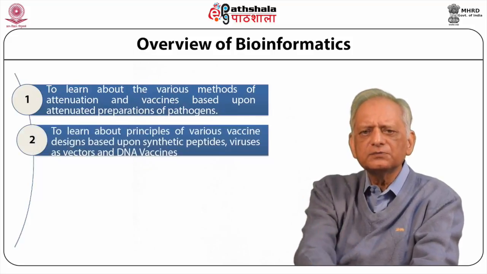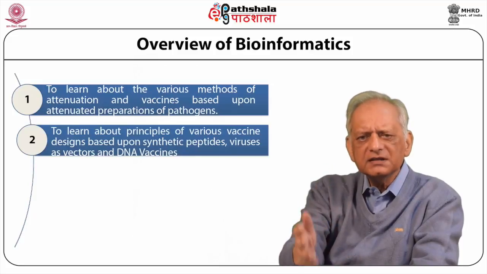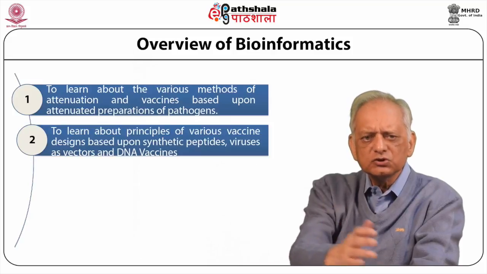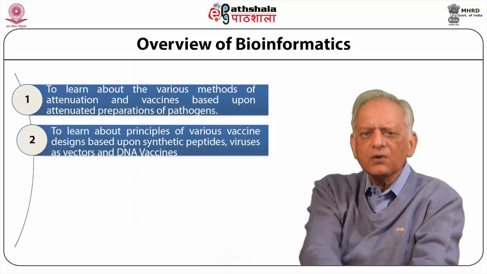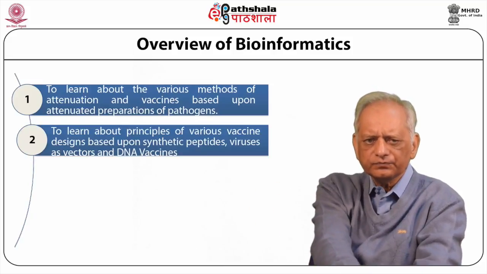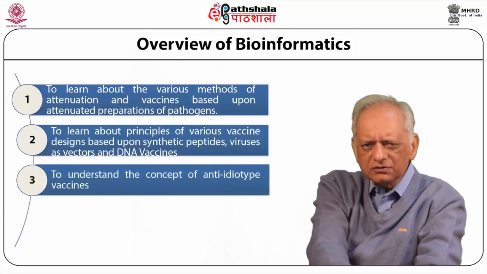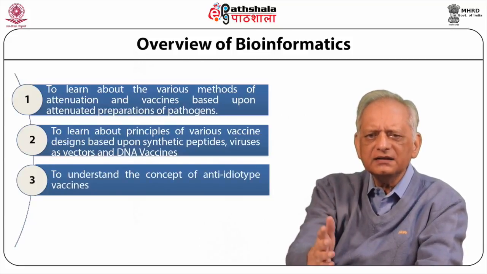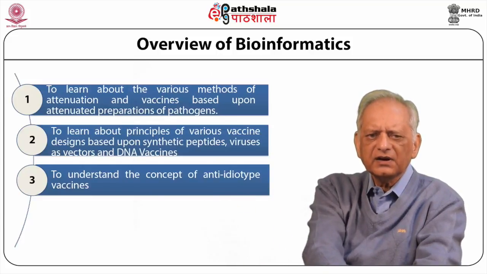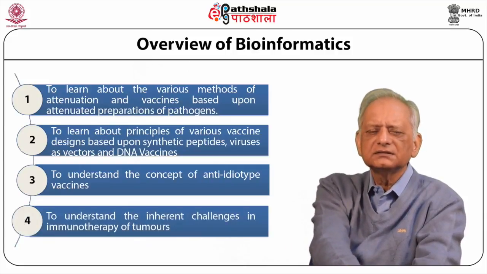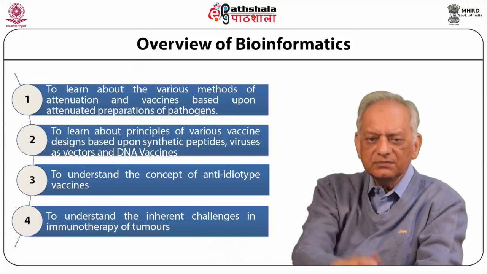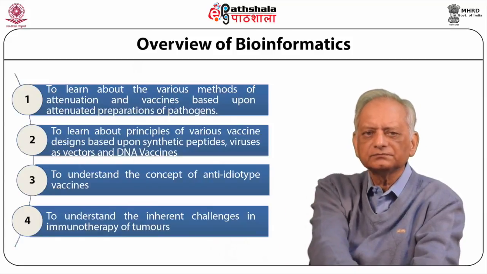We will also learn about principles of various vaccine designs, such as those based upon synthetic peptides, viruses as vectors, and also DNA vaccines. We will also try to understand the concept of anti-idiotype vaccines. And finally, we will try to understand about the inherent challenges in the immunotherapy of tumors.